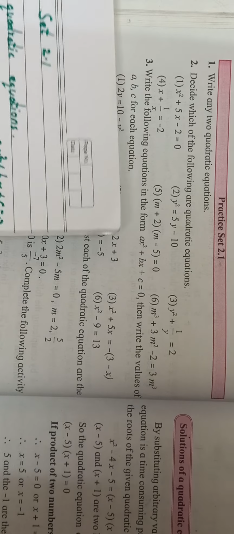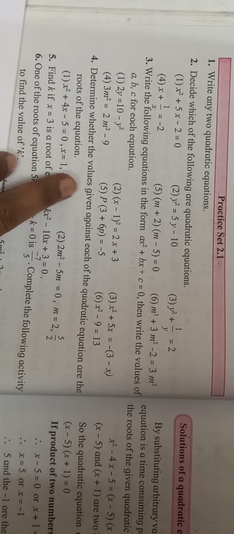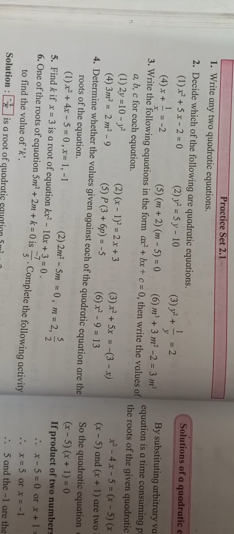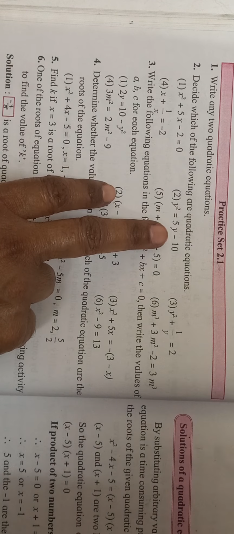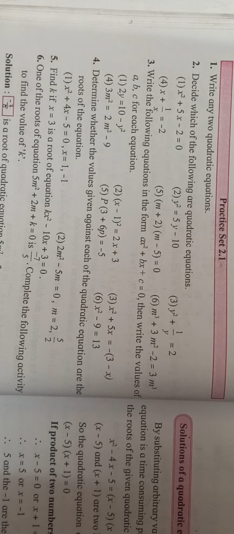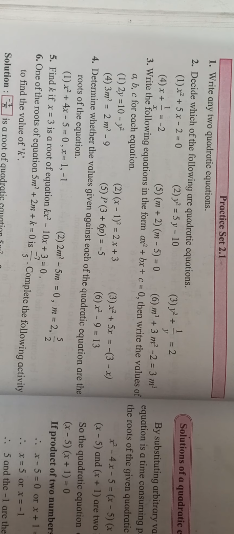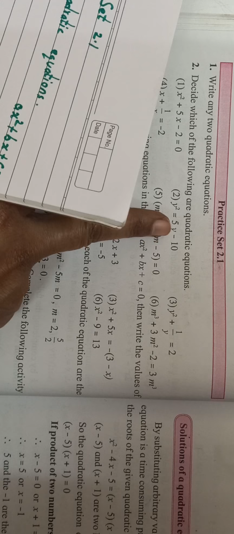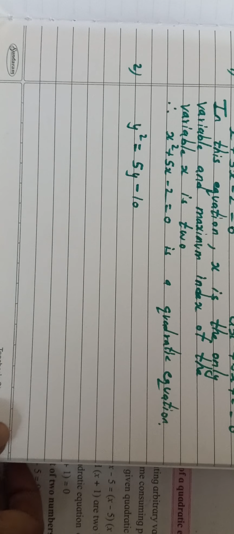Now, the second example. They are asking this one: y square is equal to 5y minus 10. Is it a quadratic equation? This is not given directly to you, so I'll just write down the question first. If an equation is given to you, a quadratic equation, the right hand side should always be 0.